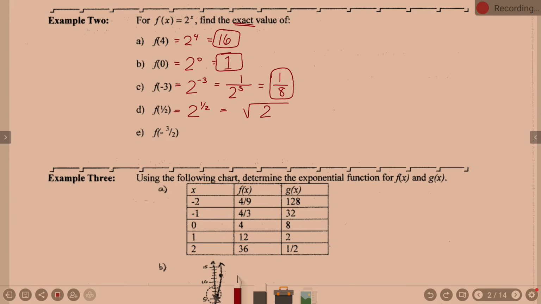So since it's a denominator of 2, that's telling me to do a square root. The numerator of 1 is the power. So this is the square root of 2 to the first, or in other words, this is the square root of 2.